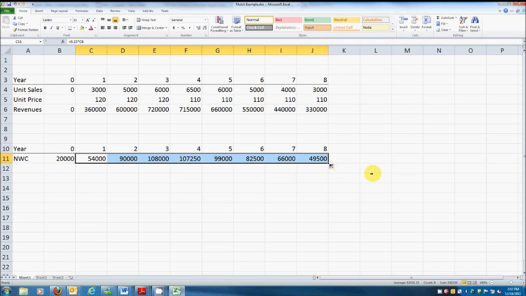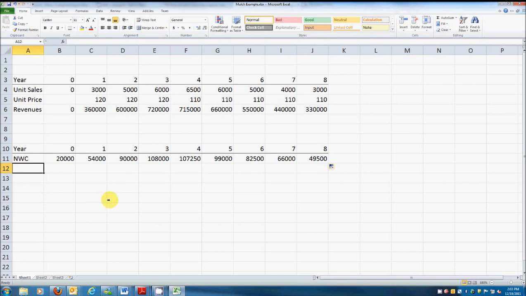Okay, now something that they're not telling us here is that at the end, net working capital has to go back to 0. And so at the end of year 8, we're going to take that $49,500 back. But we'll deal with that here in a second.